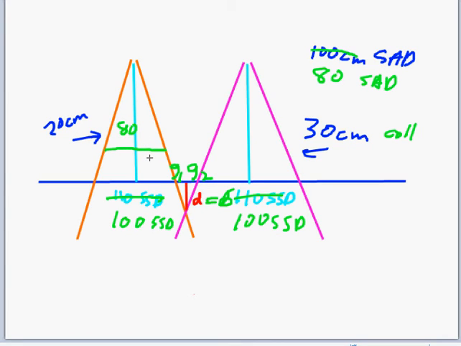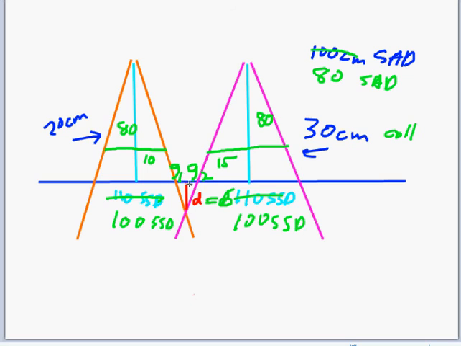In the old 80 centimeter SAD machines, the collimator setting was not defined at 100 like we're used to now, but it was defined at 80 centimeters. So this 20 centimeters is right here. This 10 centimeters is going to be defined here at 80. Same one over here. So we have our 15 cm here on this triangle, and this side is 80.